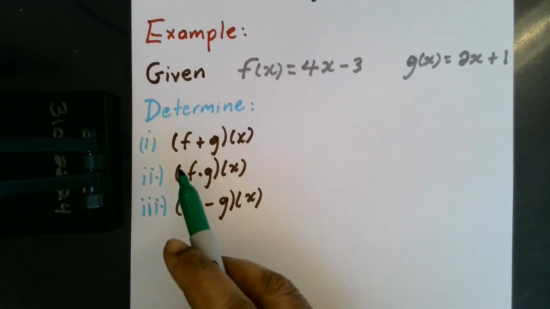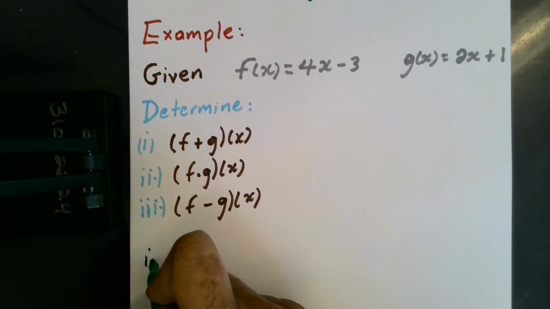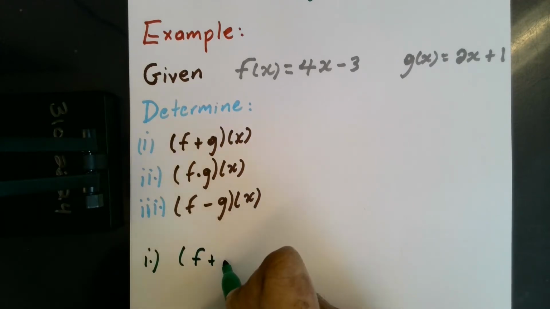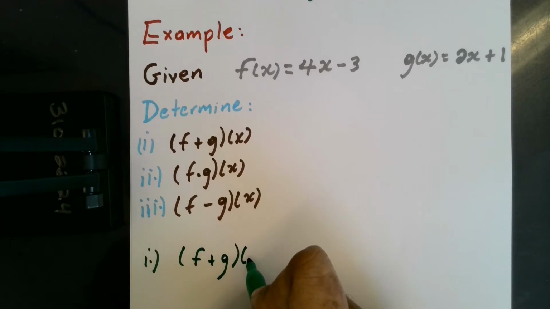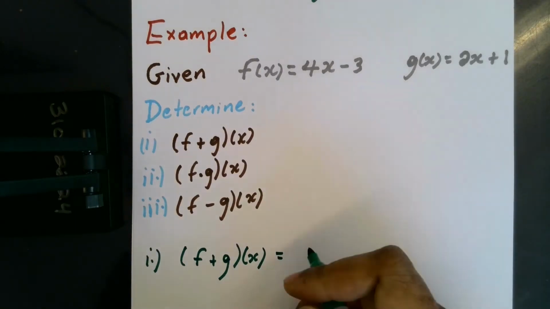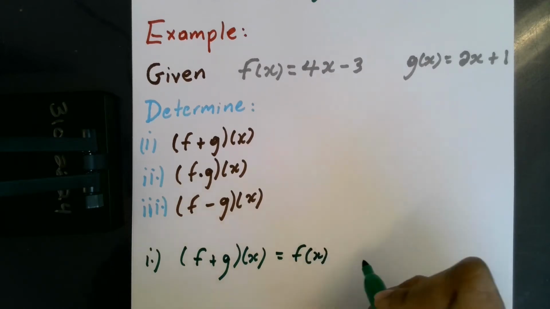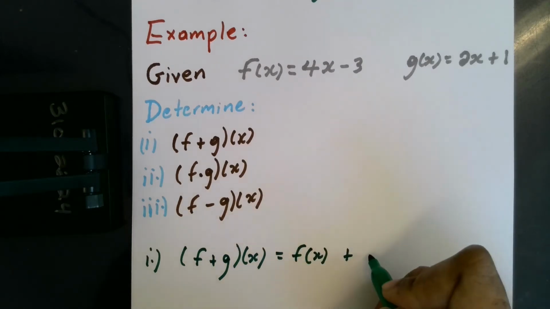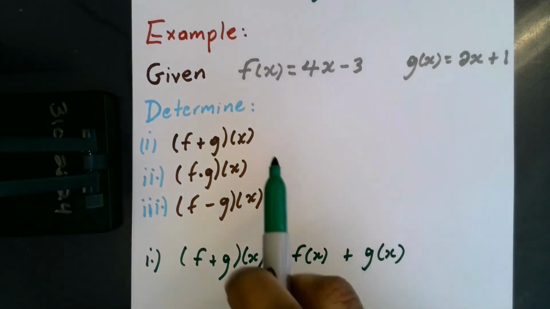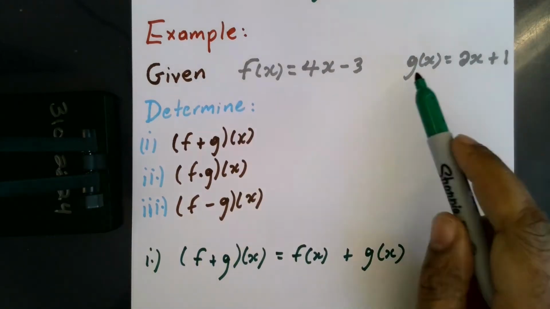So for number one, f plus g of x simply means that you will be adding the function f and the function g. All right, and we have been given the function f and the function g.